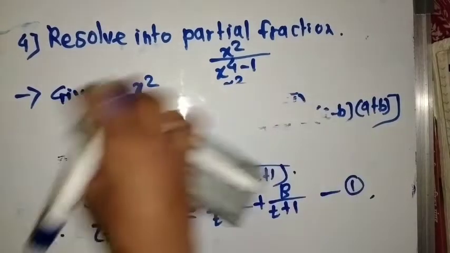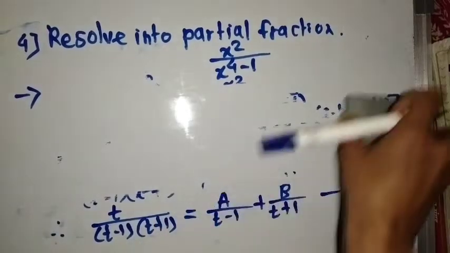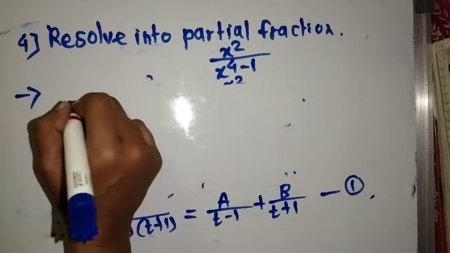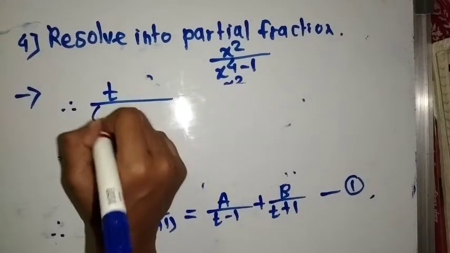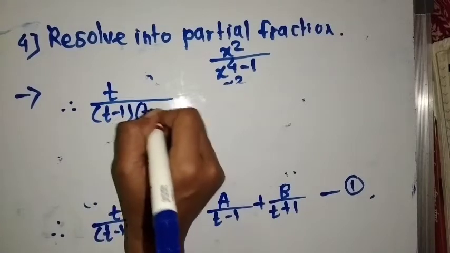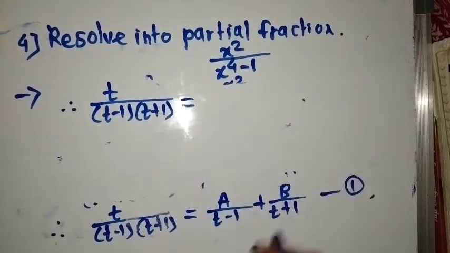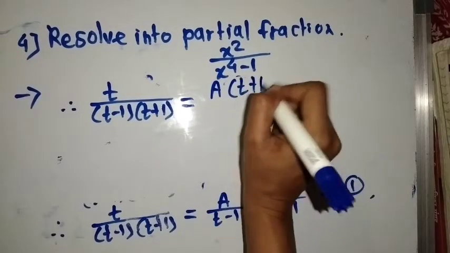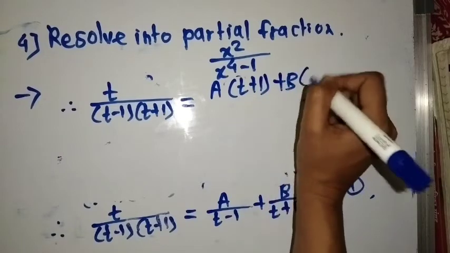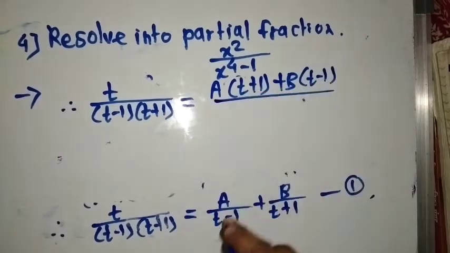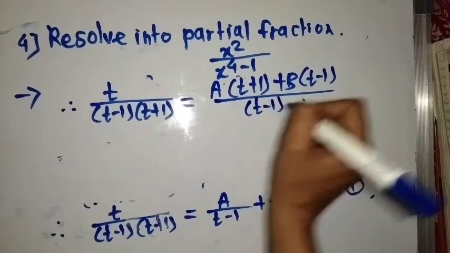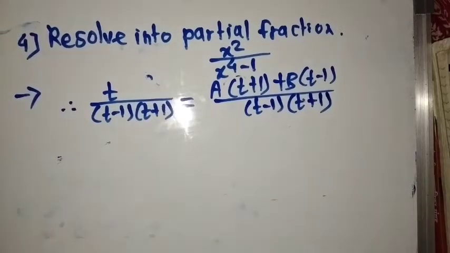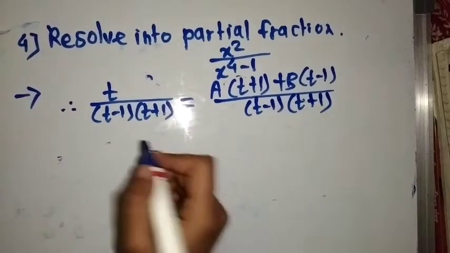Then we give second equation. Then t upon t minus 1, t plus 1 is equal to a into t plus 1 plus b into t minus 1 upon t minus 1, t plus 1, and this gets cancelled.